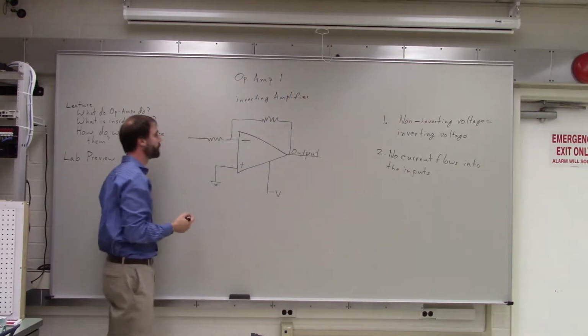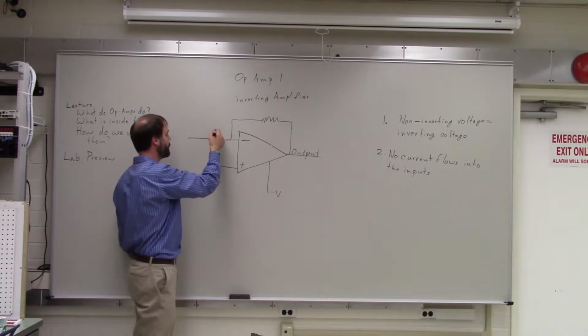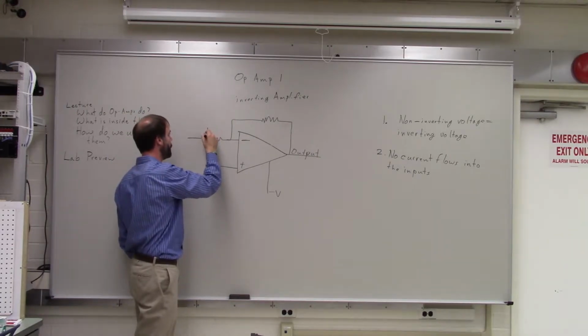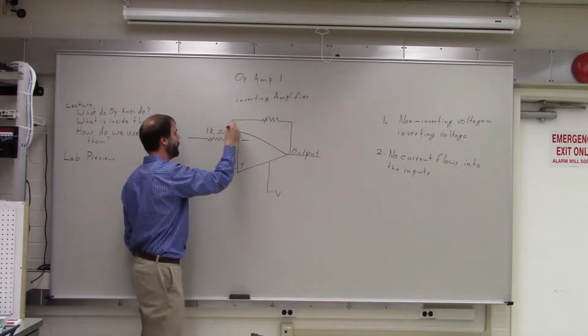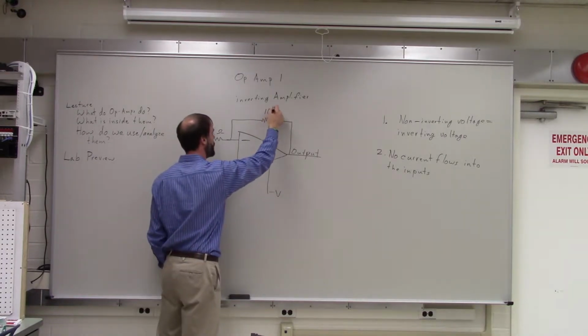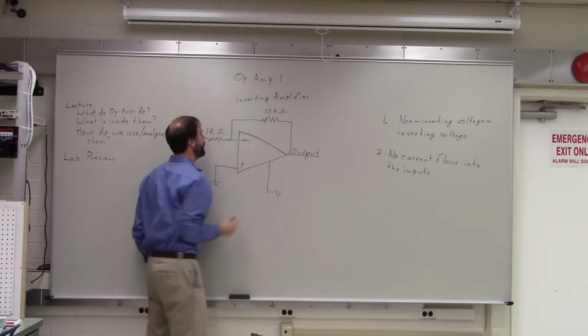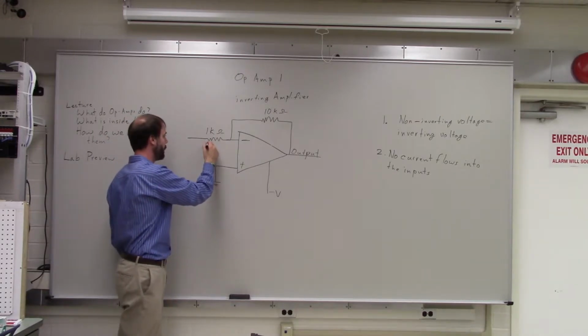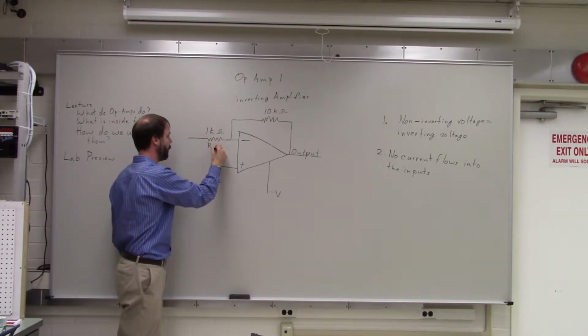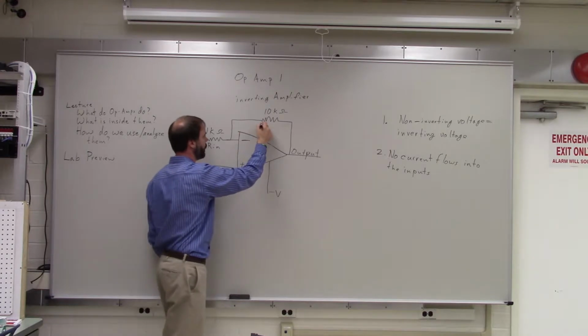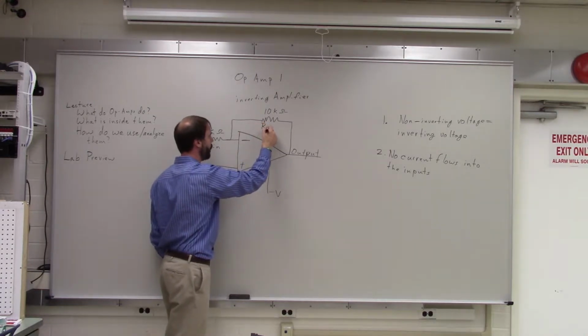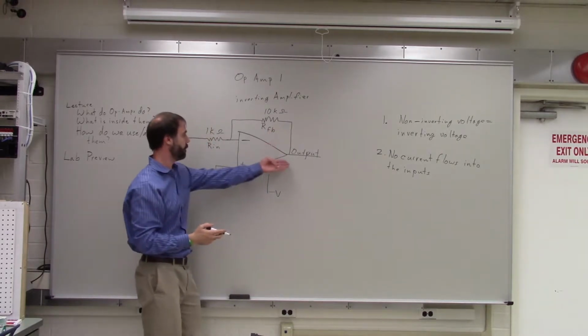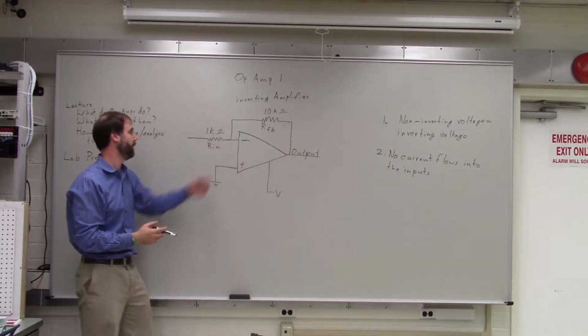So let's say that this resistor right here is 1 kilo ohm, and this resistor here is 10 kilo ohms. Okay? This resistor is called the input resistor, or Rin, and this resistor here is called the feedback resistor, or RFB for short, because it feeds back some of the output to the input.